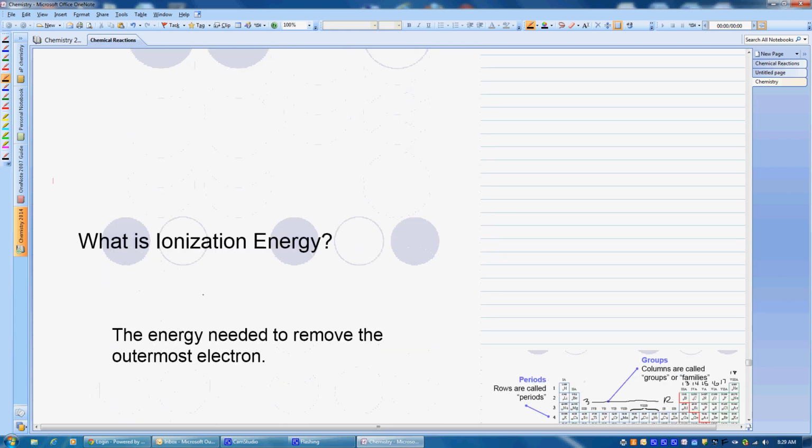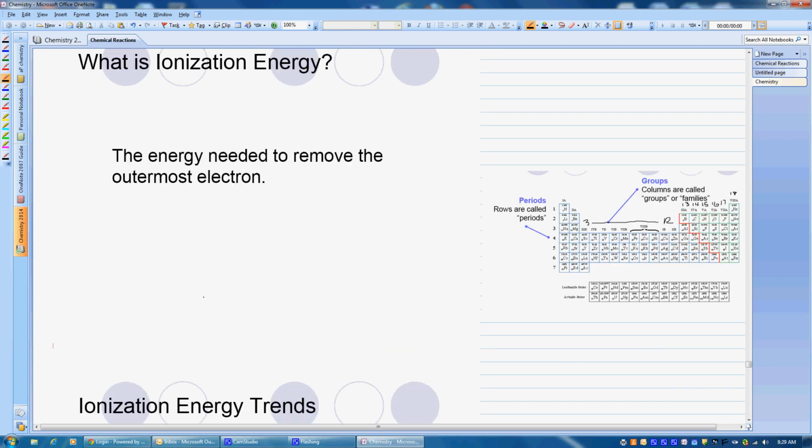Ionization energy is defined as the energy needed to take away an electron. If we think about our atoms at the top of the periodic table being very small, and this is our positive nucleus with an electron right here, the attraction between them is going to be very strong.